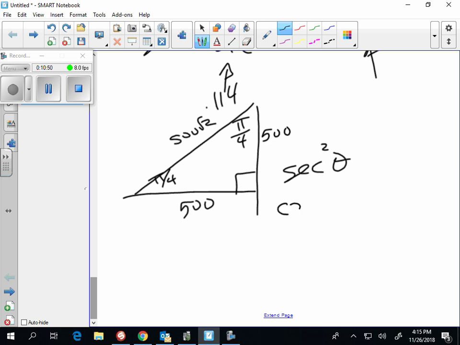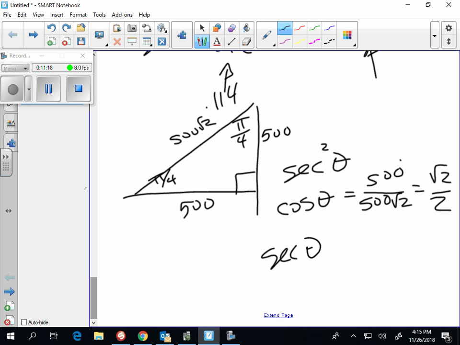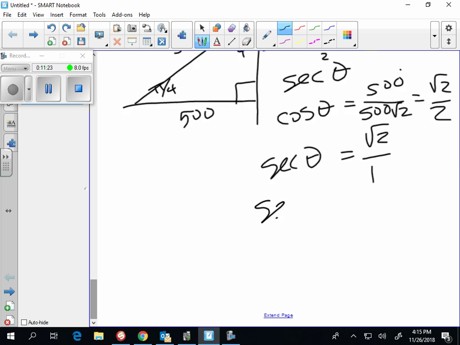So let's start with cosine θ. Cosine θ from our picture would be 500 over 500√2. Oh, but we knew that, didn't we? We knew it was going to be √2/2 because the cosine of π/4 is √2/2. But remember, we're looking for secant squared. So if cosine is 1 over √2, then secant is √2 over 1. And therefore, secant squared is going to be 2.